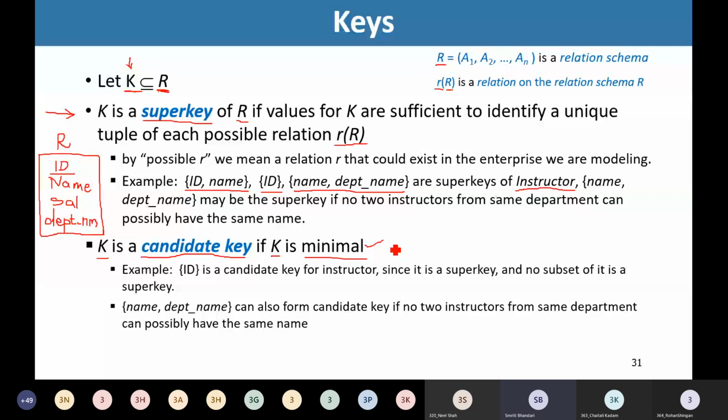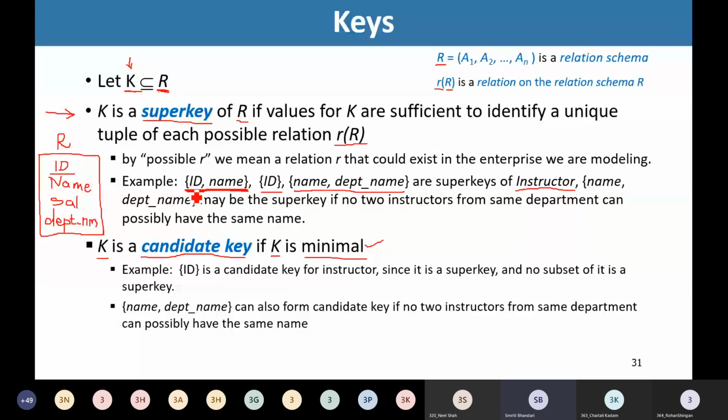Say for example, if I consider this set ID name, which is my super key. Now let us try to find out whether this ID name is the candidate key of my relation instructor.